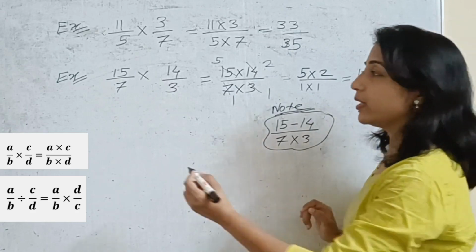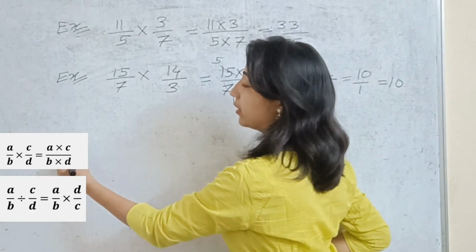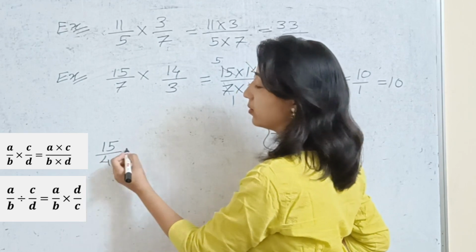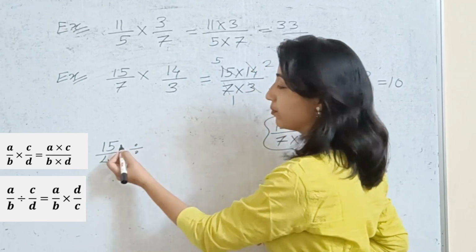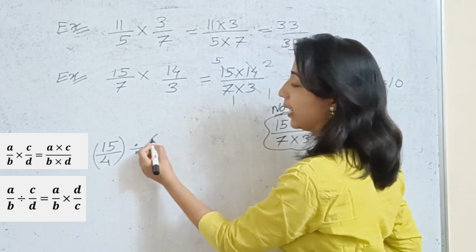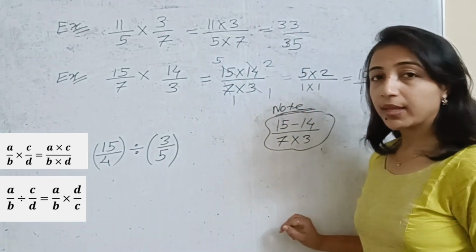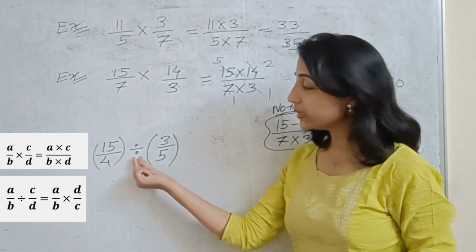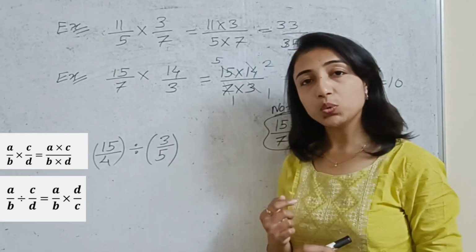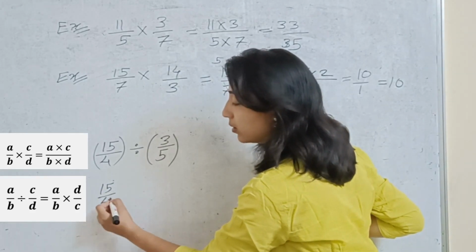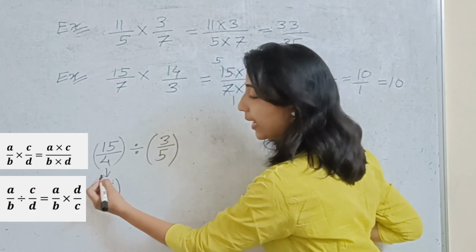Now the next, let's suppose we have to divide rational numbers. Here 15 by 4 divided by another rational number, 3 by 5. So as per our rule, firstly this division symbol we have to convert into multiplication. So the first rational number you keep as it is.